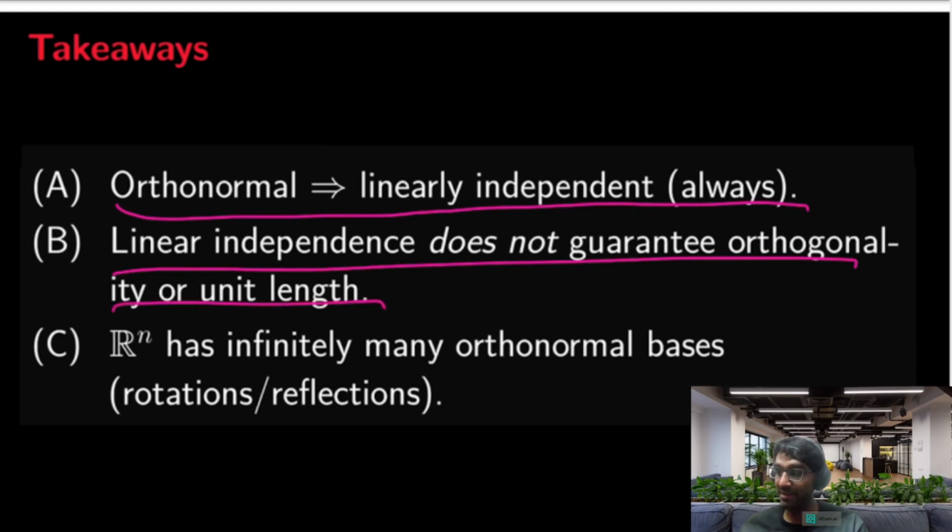And number three, Rn has infinitely many orthonormal bases. Why? Because we can convert the standard basis into other orthonormal bases, for example, by rotation or some other transformation we can apply.